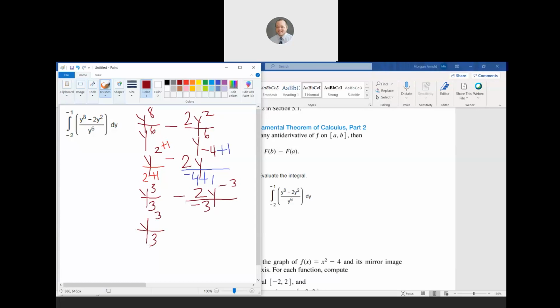The two negatives change to one single positive sign. And also, the y to the negative 3 goes to the denominator, becomes a positive y cubed.